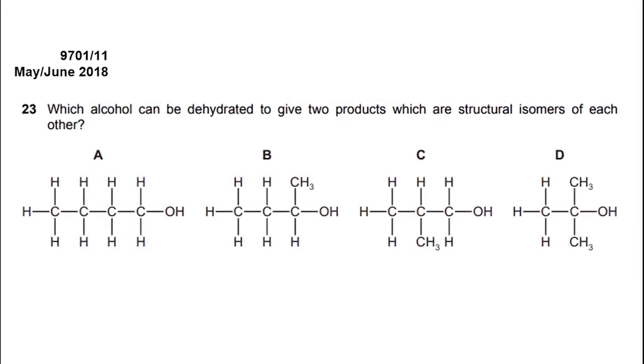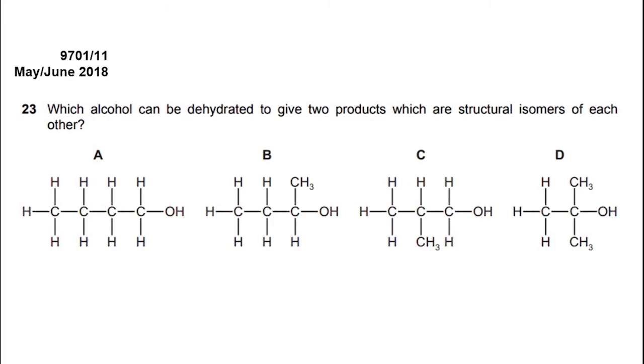Which alcohol can be dehydrated to give two products which are structural isomers of each other? So, this question asks for two possible alkenes. So, we can use elimination.